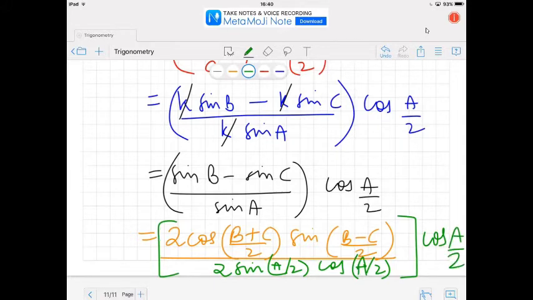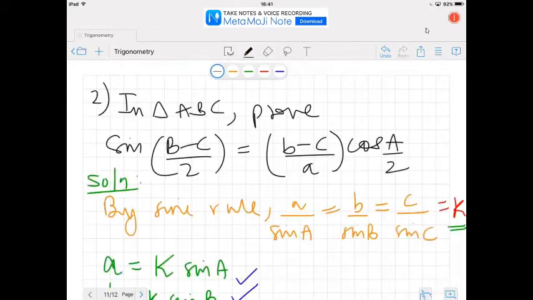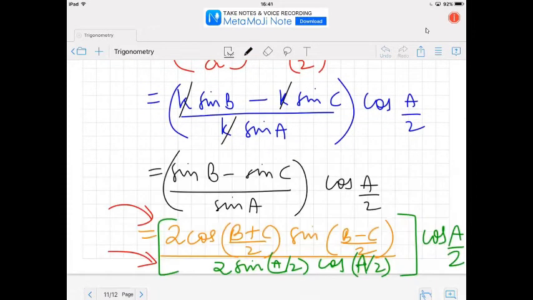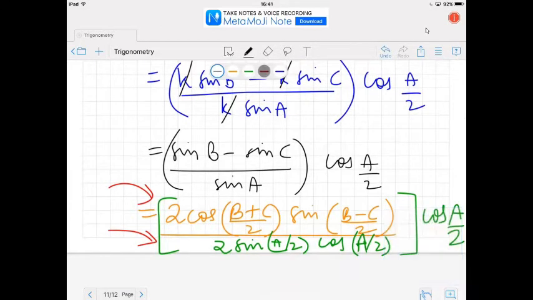So I have used two formulas here in the numerator and the denominator. In the numerator, I've used the formula for sine B minus sine C, that is 2 cos (B plus C) by 2 into sine (B minus C) by 2. And in the denominator, I've used the half angle formula for sine A. So if you look closely, some of the terms can be cancelled out in this expression itself. Cos of A by 2 gets cancelled from the numerator and the denominator.